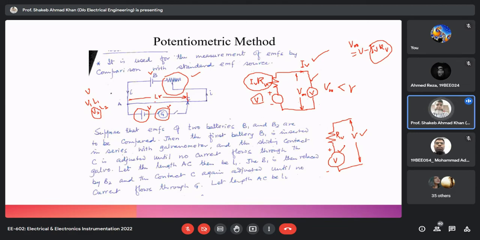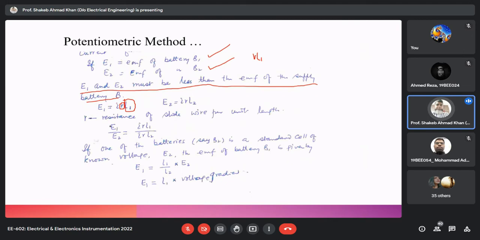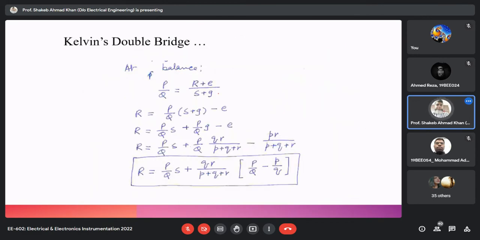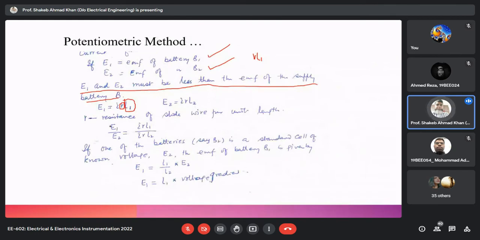So when we multiply this current with the resistance, it will give you the voltage drop across that section of wire. Now, when we put E2, another source, obviously your null deflection is found at length L2. So this is the drop across that L2 section of the wire.